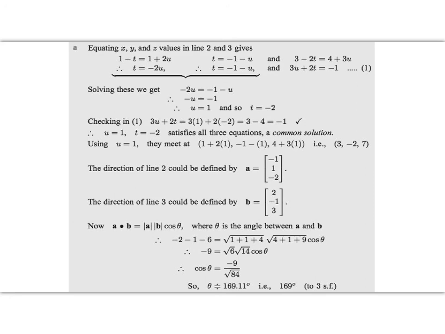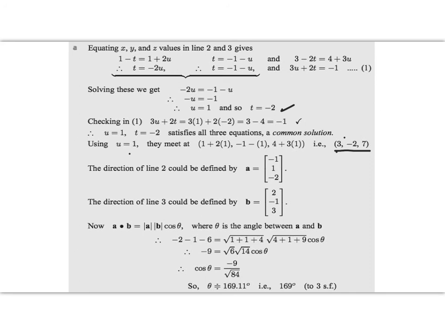Anyways, setting up a system of equations for lines 2 and 3, you should get that u equals 1 and t was equal to -2. And checking in one of the equations, you get a common solution and it satisfies all three equations. So using u equals 1, you plug that into your original equations to get the coordinates, and you get 3, -2, 7 is where they meet.